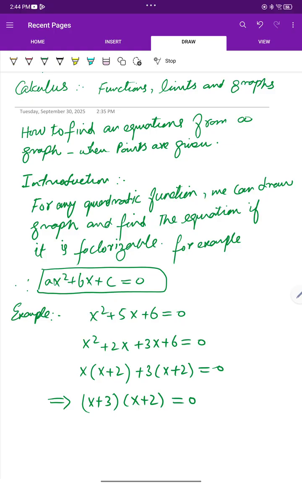Here is an example: x squared plus 5x plus 6. I factorized it and got two values. In another way, it means that x is equal to minus 3 and x is equal to minus 2. You can do it like this.